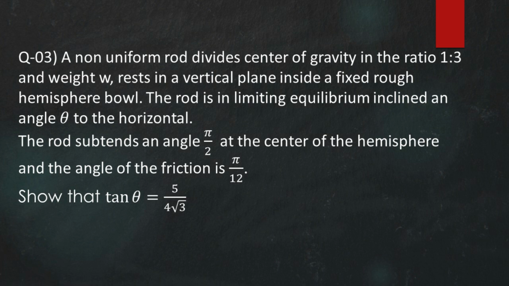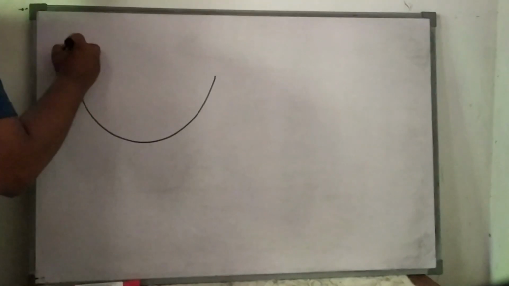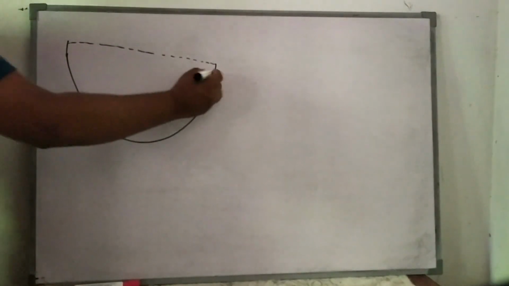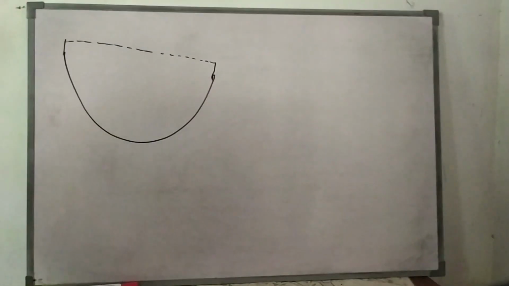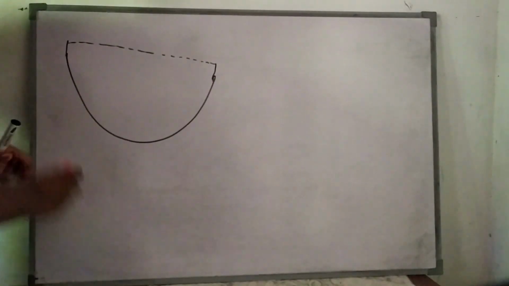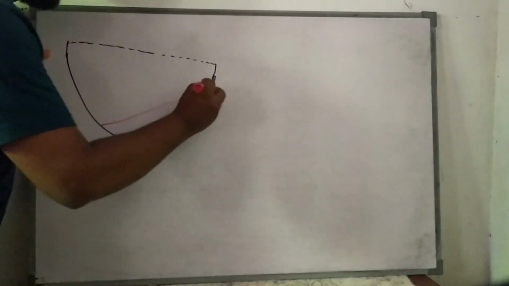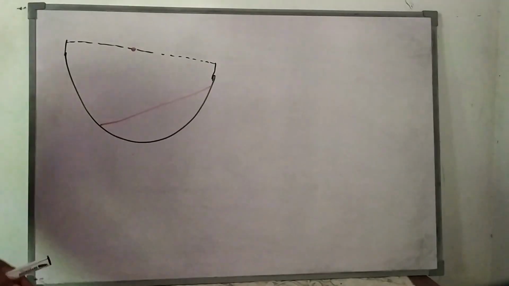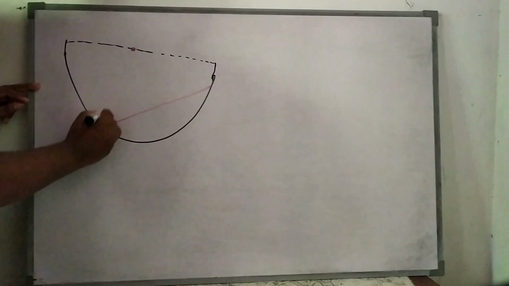The first thing is drawing a correct diagram, right? This is my hemisphere, and the chord is the rod. This is the center of the hemisphere.